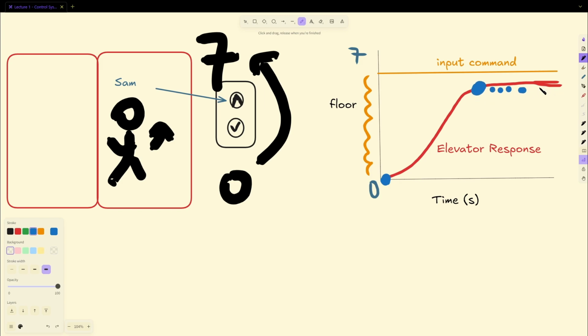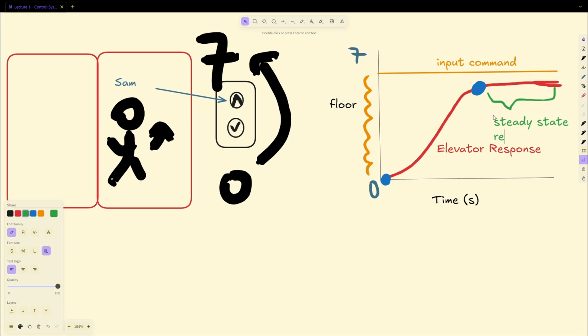It's in the name: from here to here, we call this the steady state response. Okay. So what do you think we call this response over here? Let me go back and change the color.